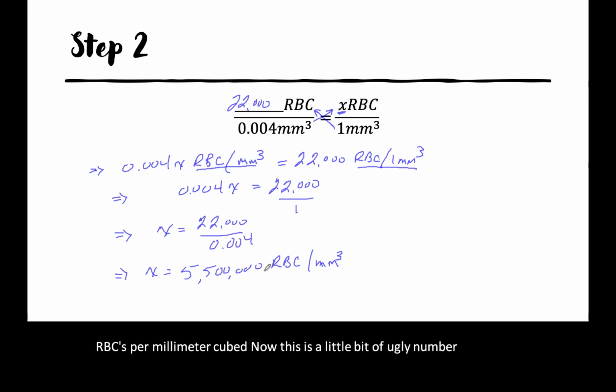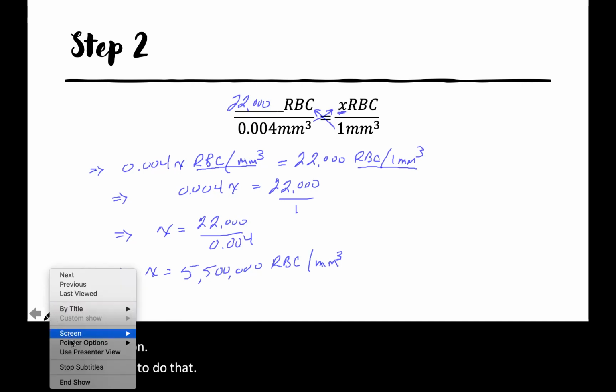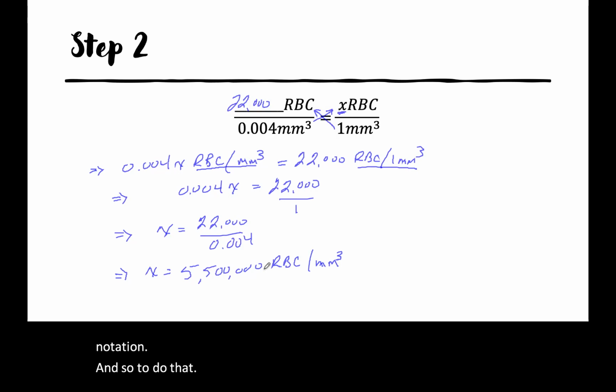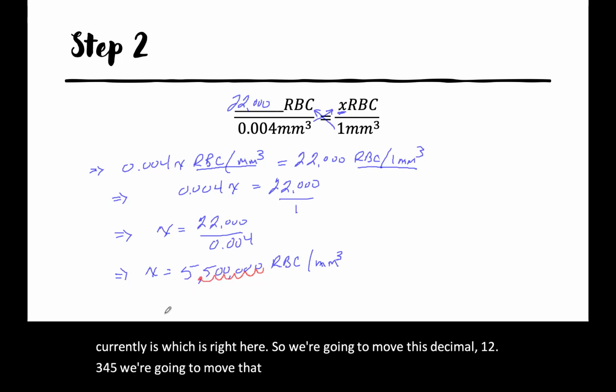Now, this is a bit of an ugly number to deal with, so we're going to put this into scientific notation. Remember, we simply count backwards from where the decimal point currently is, which is right here. We're going to move this decimal point 1, 2, 3, 4, 5, 6 places.